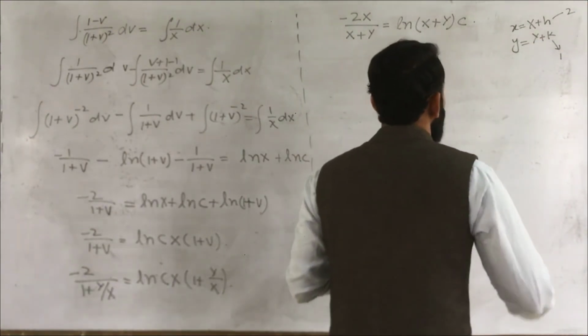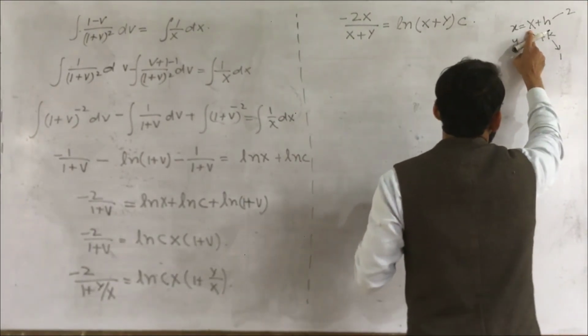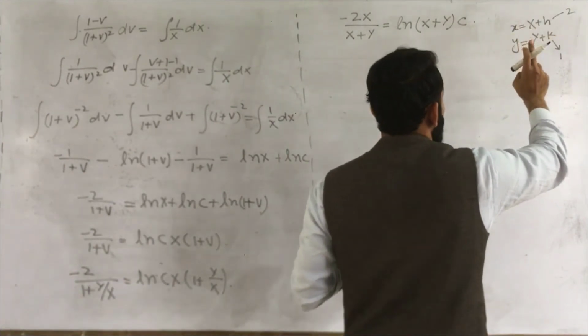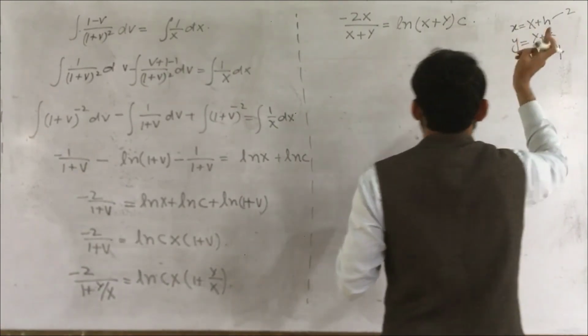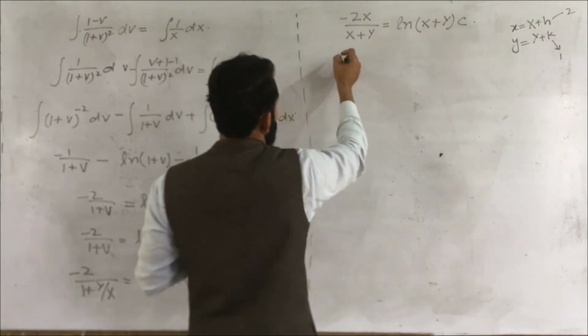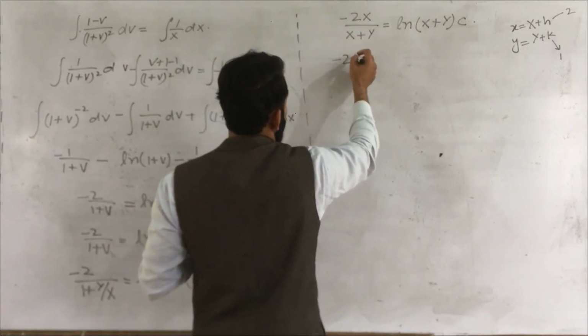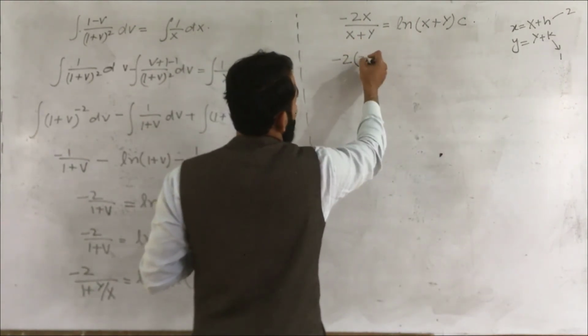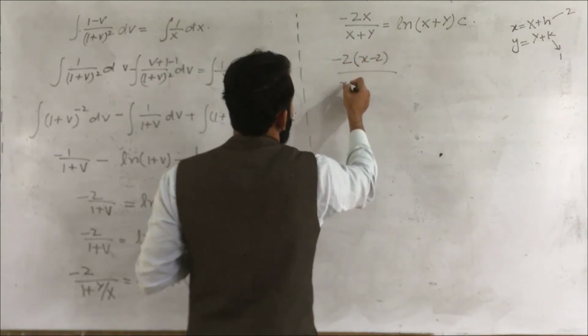So we have capital X is equal to x minus 2 and capital Y is equal to y minus 1.